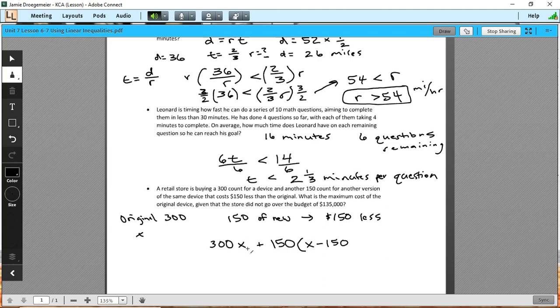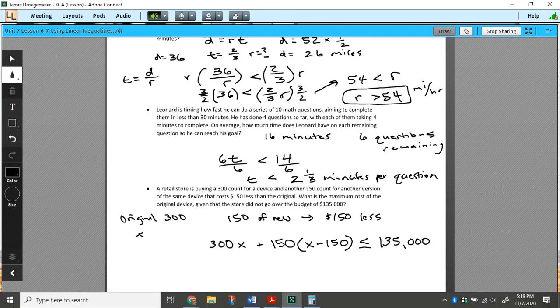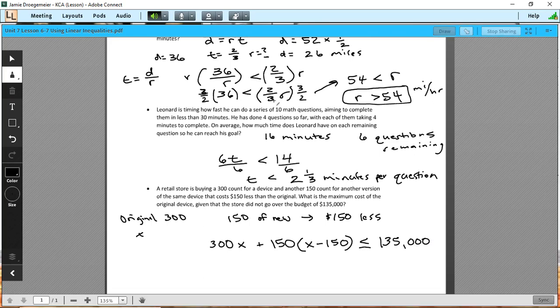So x is our cost for the original. x minus 150 is going to give us the cost for the new one. And we know that this total did not go over that 135,000. So it was less than or equal to 135,000.